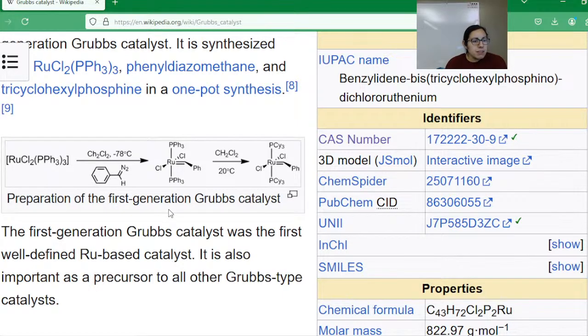Yeah, so here's an example of our intermediate, right? We start off with our ruthenium catalyst, and then it takes our substrate and binds to our metal, right? So that's how it's providing a new pathway in this case. It has a place to bind, and then the reaction can occur, and then new product is formed.